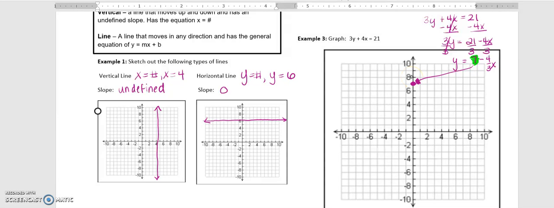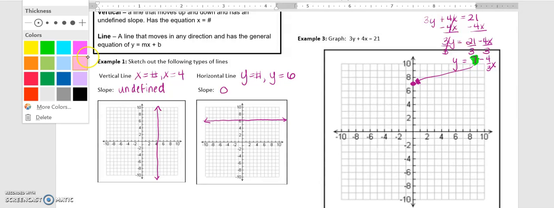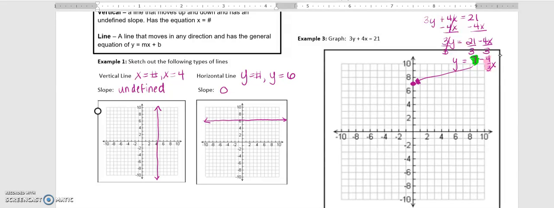Your slope is the other number, the fractional number, okay? And that number tells us how to move. So negative 4/3 means from my y-intercept, I'm going to go down 4 boxes and right 3. So 1, 2, 3, 4, 1, 2, 3. I'm going to make a dot. And I'm going to do that 2 times so that I have 3 dots total.